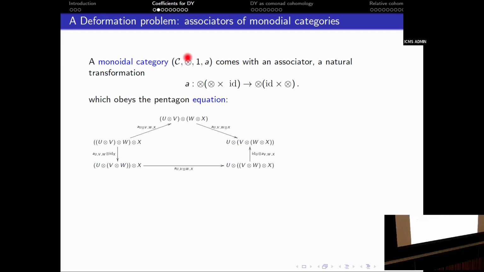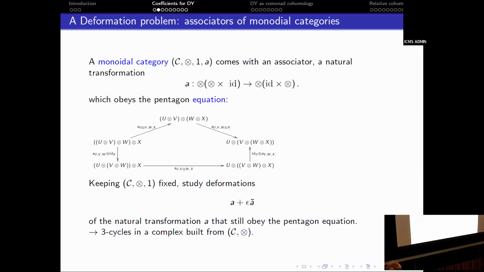Obviously, I don't have to show to this audience the pentagon equation. It's a nonlinear equation. And we want to study deformations of the associator, where we use the dual numbers, and we get a complex, and we get an equation which we want to study as the equation on a 3-cocycle in a complex built from the tensor category.